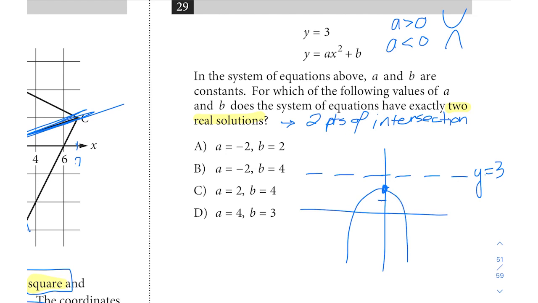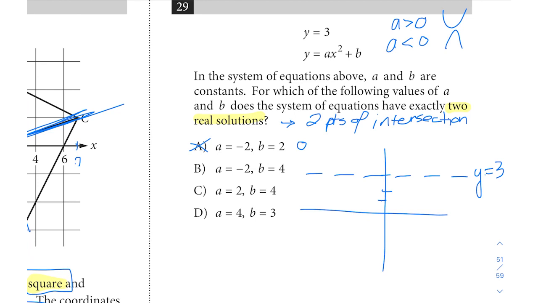Your vertex will be right here at 2. So if it's downward facing from there, then how many points of intersection are we going to have? So hopefully we look at that and we say, ooh, yikes, that one's going to have 0 points of intersection. It can't be A.